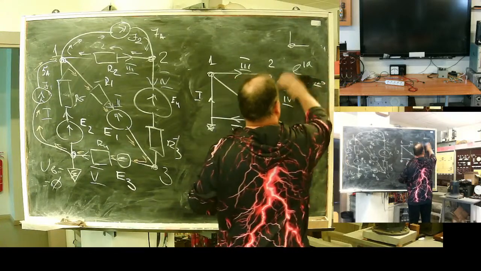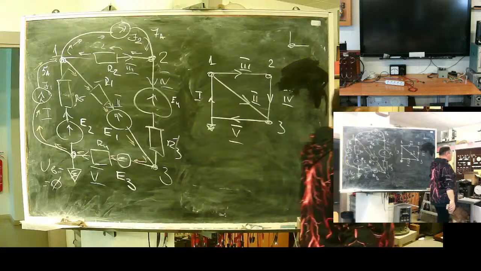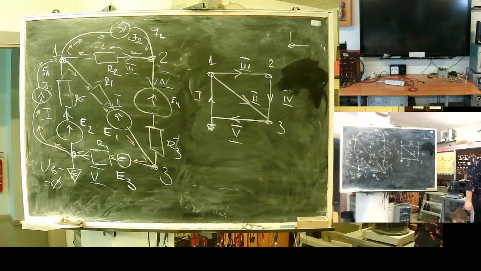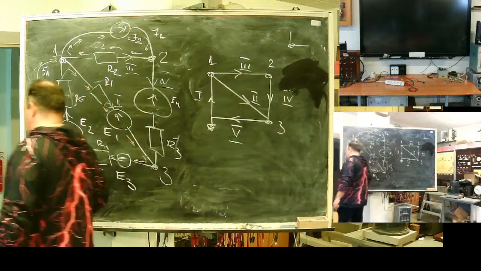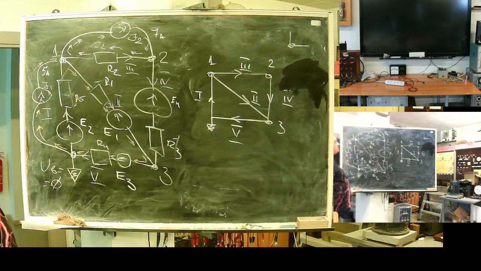It's not solvable. In reality, you will get not an exact solution, but a kind of cloud of solutions. They all are possible. It is not a good idea to solve a not connected network.